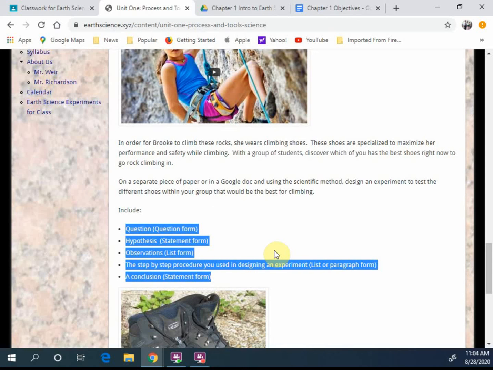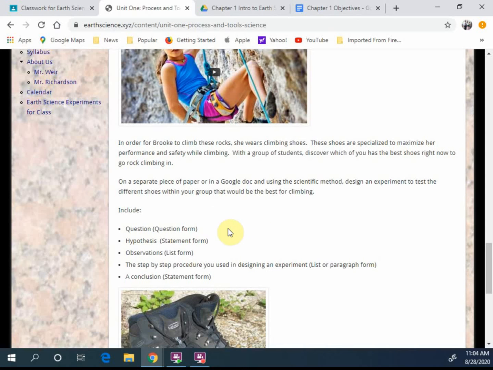If you were gone, you need to do this at home and use your shoes versus another pair of shoes you have, and test them on the wall and see which one grips better and why, using your observations and your analyses to write a conclusion. If you do that, you'll get your 10 points. If you're in class today, you'll be able to complete this task. This is your assignment today to get 10 points.